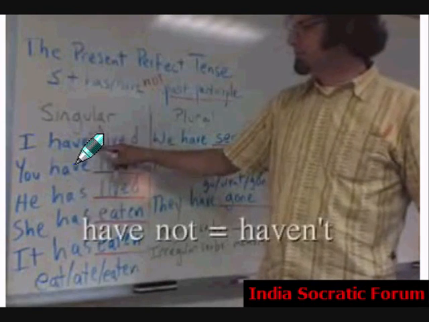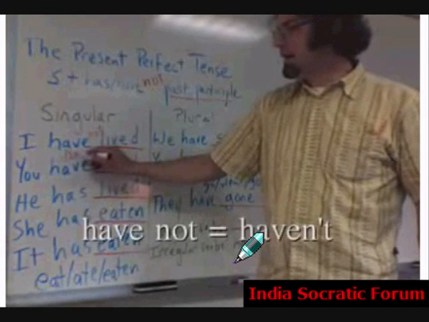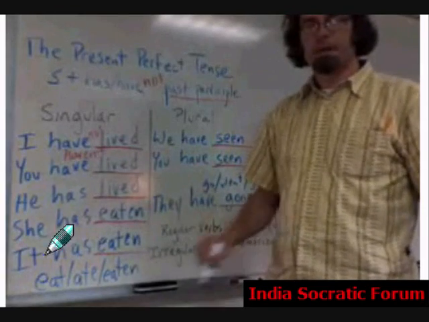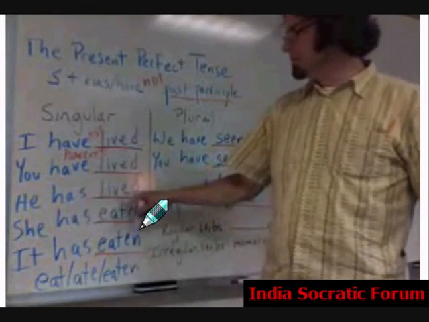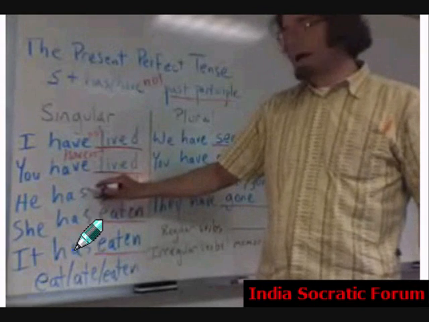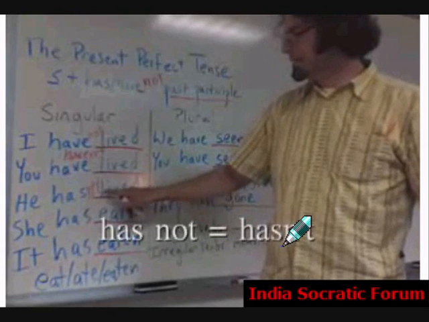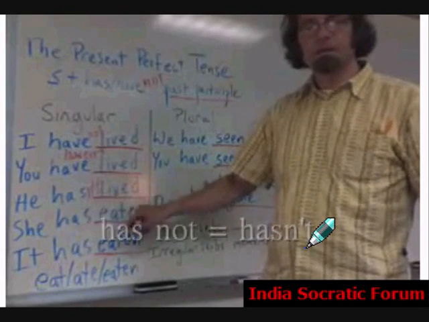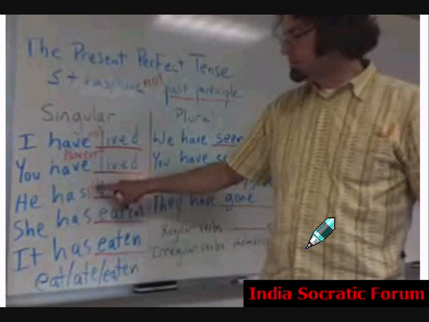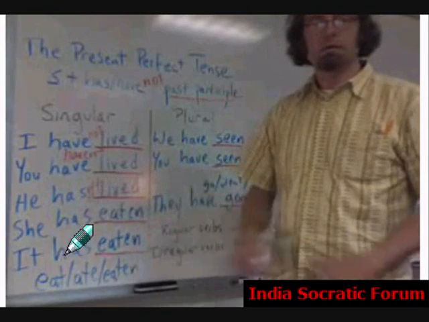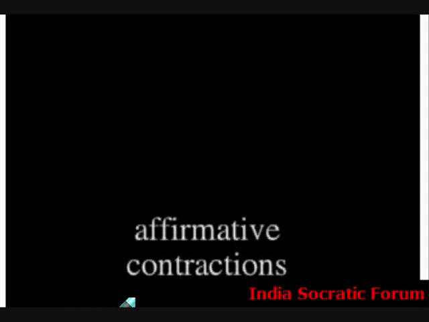I have not lived, I haven't lived, you haven't lived, he hasn't lived, she hasn't lived, he has not lived. We have the contraction hasn't. Note the apostrophe in between the n and the t.